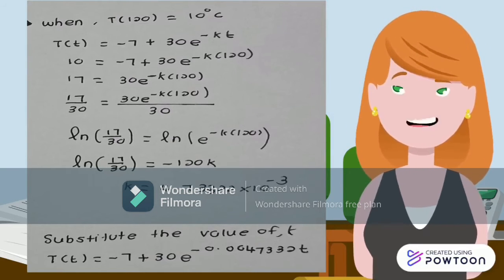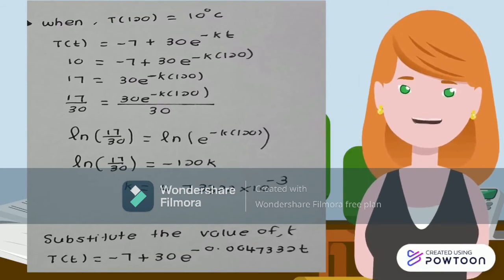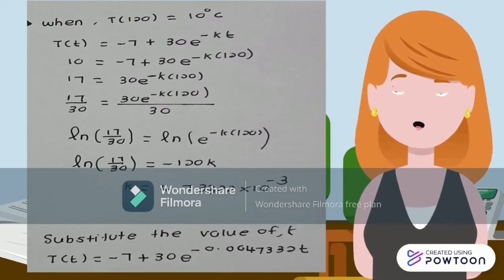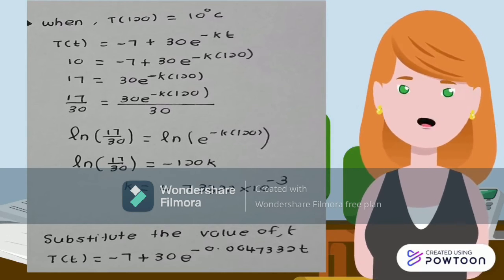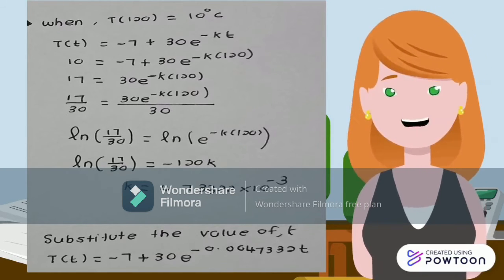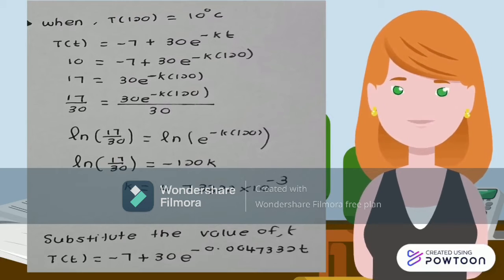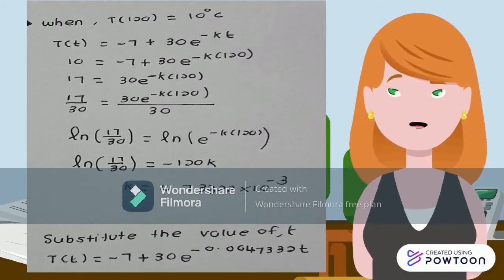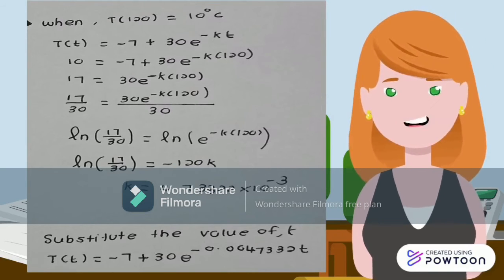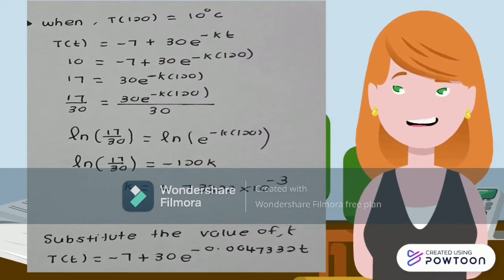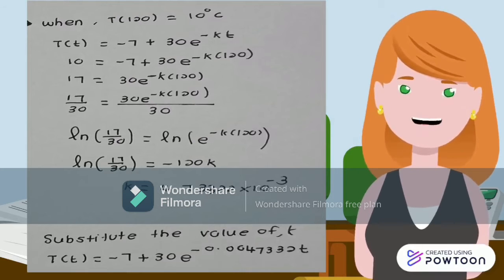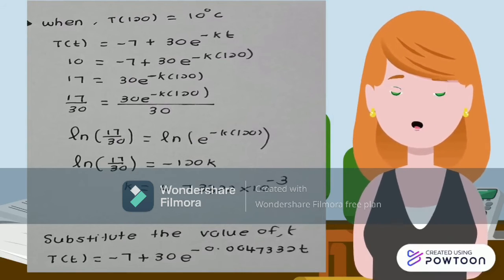So here we will get ln 17 over 30 equivalent to negative k times 120. After some transformation, we will get k equivalent to 4.73322 times 10 to the power of negative 3. So here we have found the value of k.